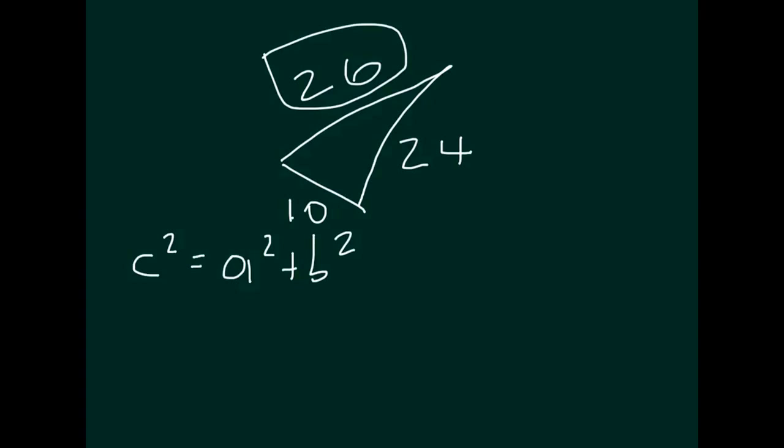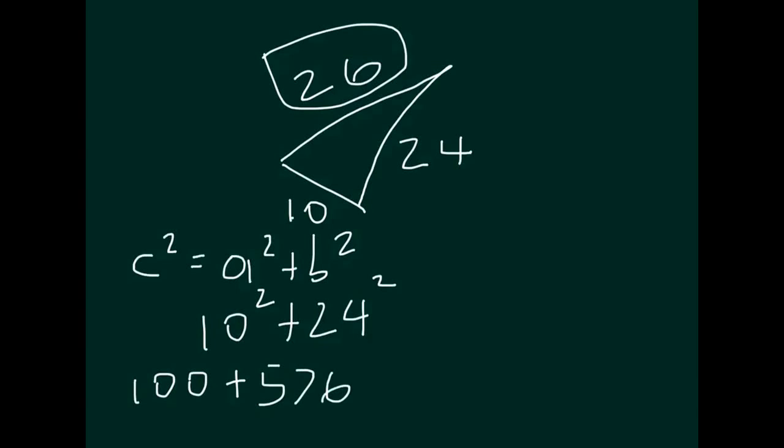So the 10 and the 24 have to be legs because the 26 is the hypotenuse. So 10 squared plus 24 squared. Now that's 100 plus 576, which gives us 676, right?